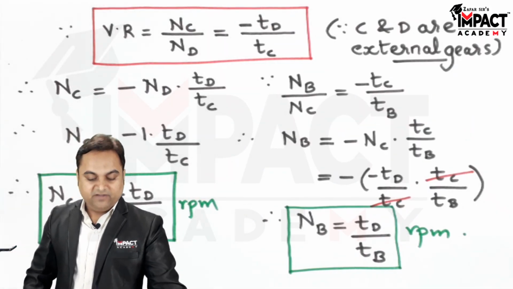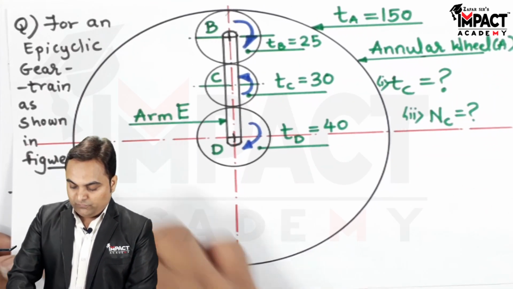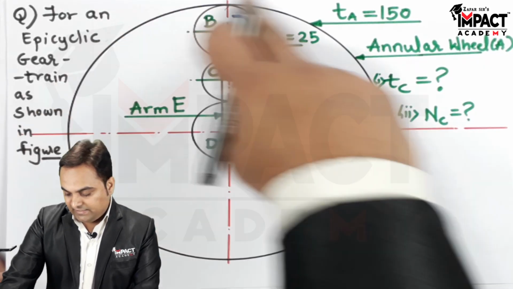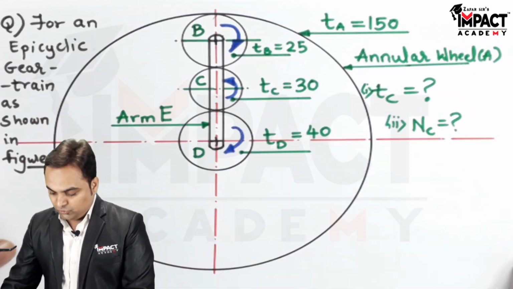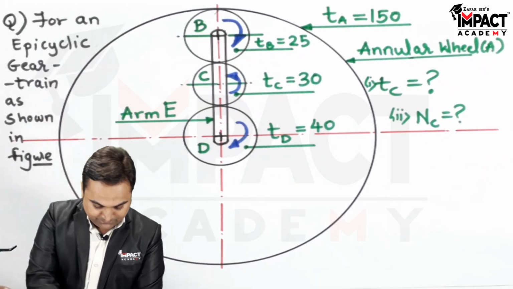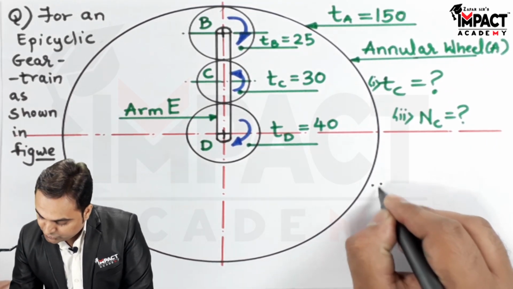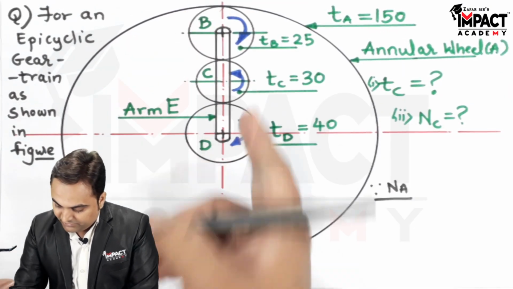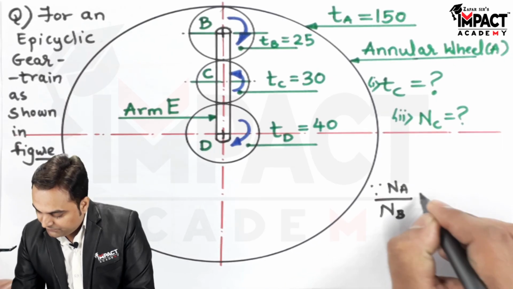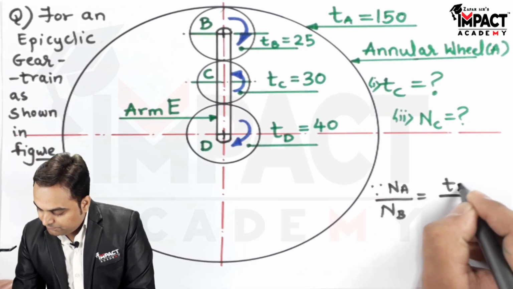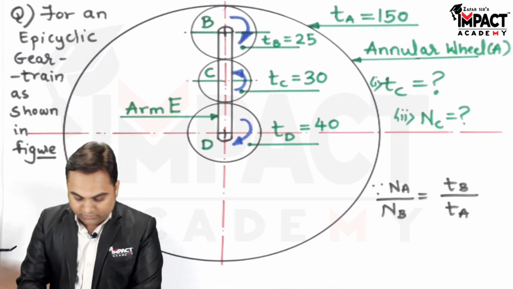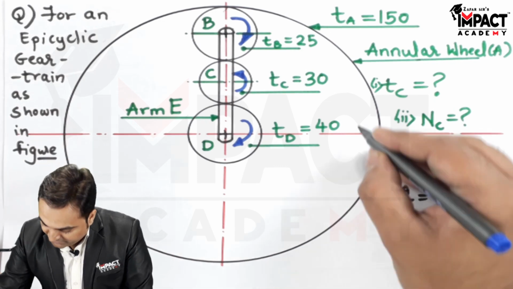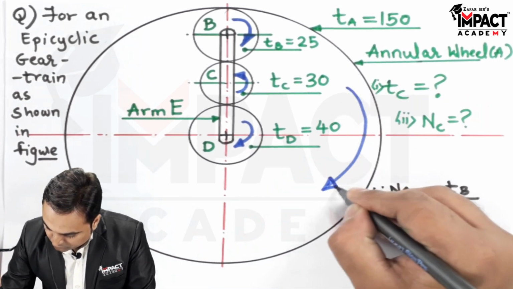Then at last we have gear A, or we can say the annular. It is in contact with B. So B is the driving gear and A is the driven gear. So the velocity ratio would be, I'll just show it here, NA, the driven gear, upon NB, the driving gear, is equal to the number of teeth on B upon the number of teeth on A. Now their sense of rotation is the same: B is rotating clockwise, so A would also be rotating in a clockwise manner.